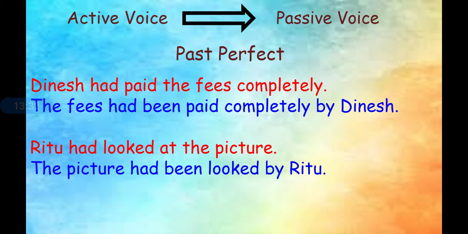After that, we have to use had. For singular and plural, we can use had in the past perfect tense. Had plus been plus past participle form of the verb should be used while converting a sentence in past perfect tense into passive voice. The fees had been paid completely by Dinesh.